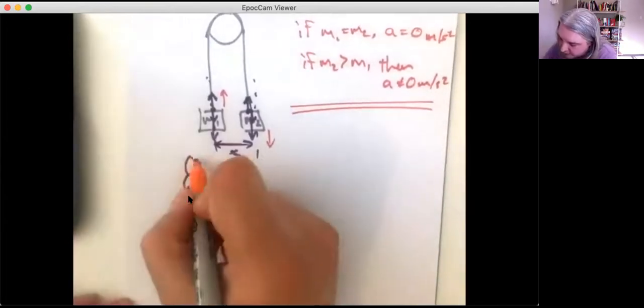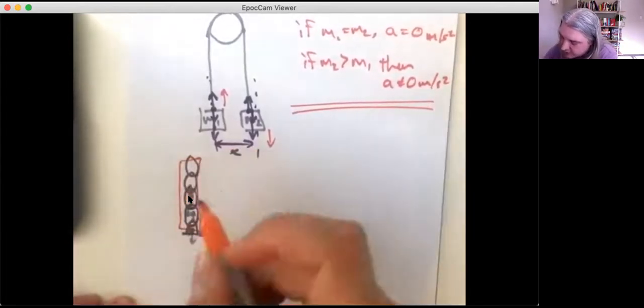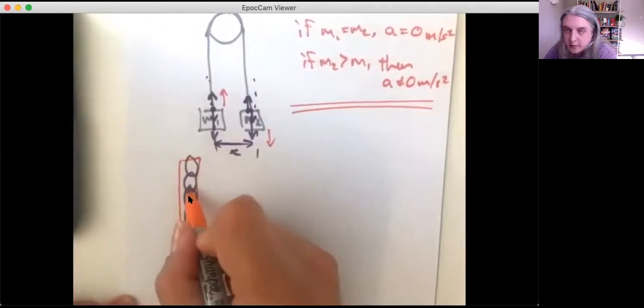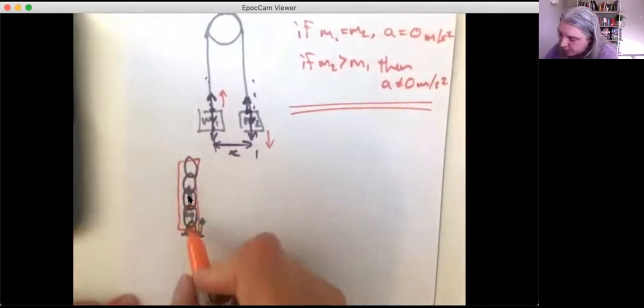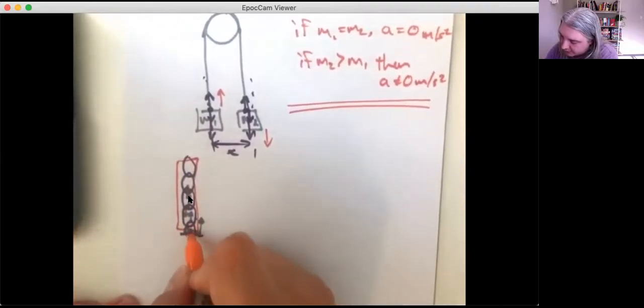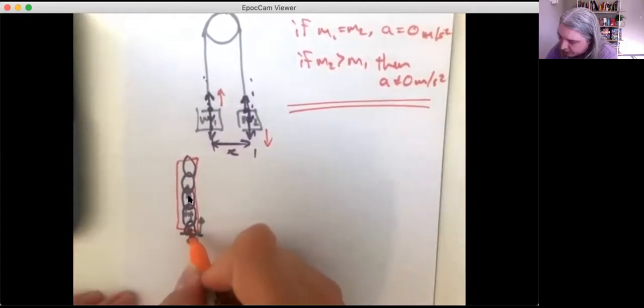So we're going to think about all of these chain links as one big system. Then all of these internal ones we can ignore because they're all equal and opposite. They're all applied to things in the system, so we can ignore them. All that matters is that end force that's being applied to the mass from the end chain link, and from the end chain link back onto the mass.